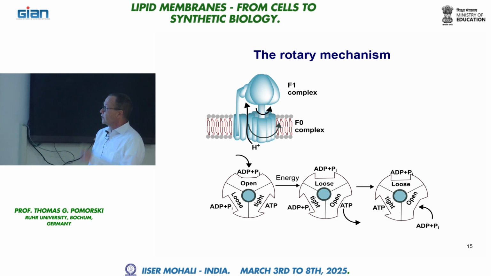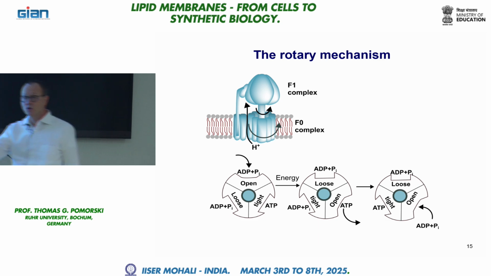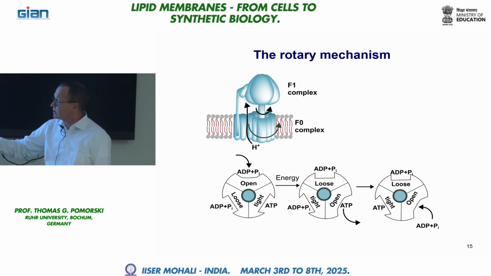Okay, so very briefly, remember the idea of this transport complex: it works like a turbine. The protons of the generated proton gradient would go back through this protein complex, and then one part of the protein would get in rotation.